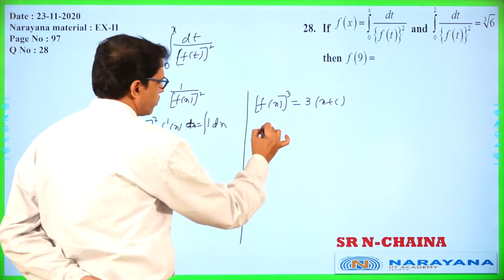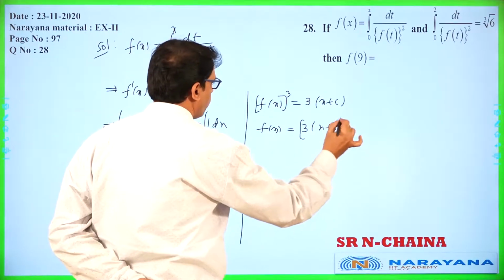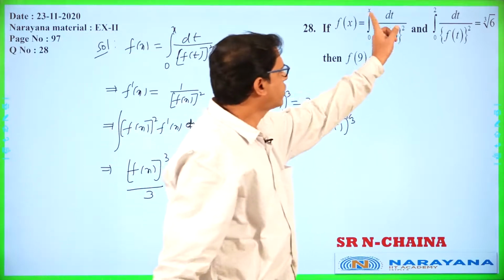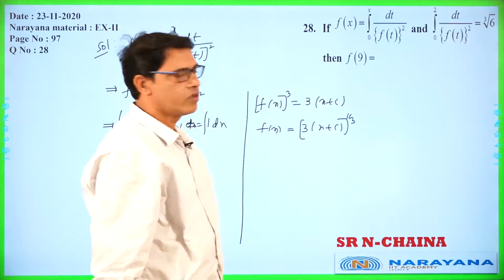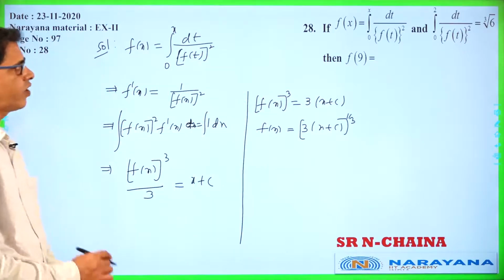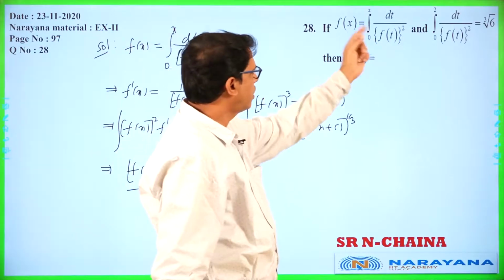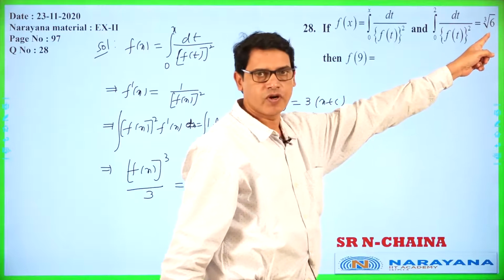From this, f of x equals 3 into x plus c whole to the power 1 by 3. Now look at the given condition. If x value is 2, the value must be the cube root of 6. This is f of x. If x is equal to 2, then f of 2 must be 6 to the power 1 by 3.